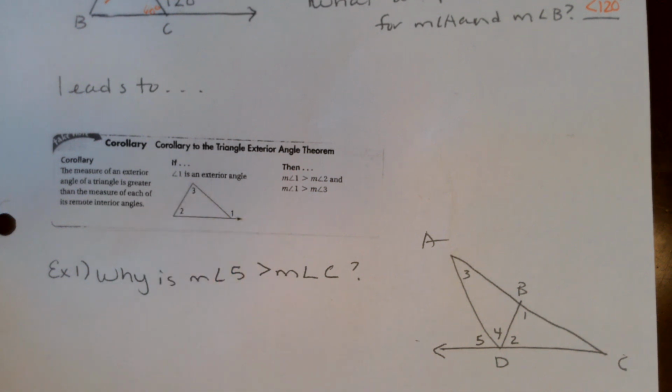So let's look at this now. There's a whole mess of stuff going on here, and it says, why is the measure of angle 5 greater than the measure of angle C? Well, first you have to allow your eyes to zone in on the right triangle, don't you? 5 is an exterior angle to which triangle?